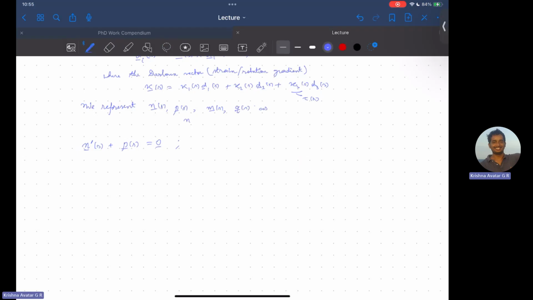The n vector is equal to ni of s di of s, where this implies summation over i equal to 1, 2, 3.